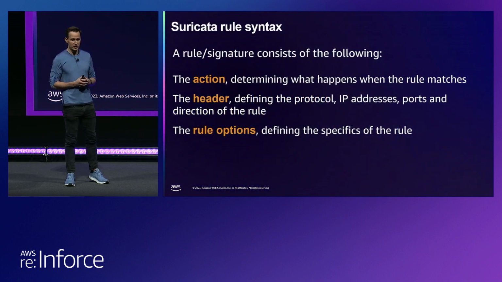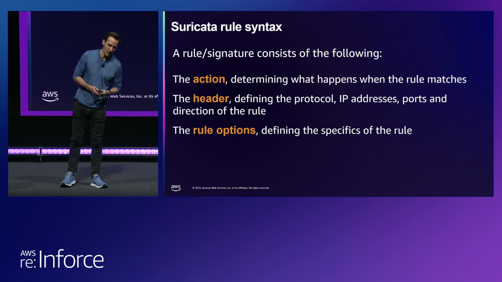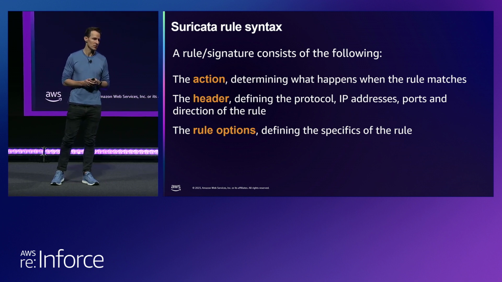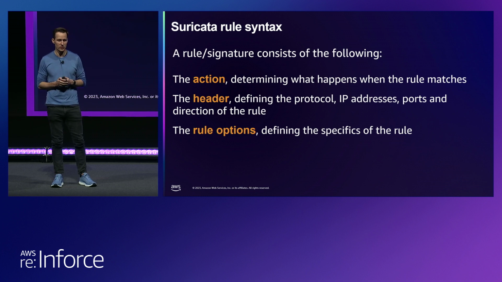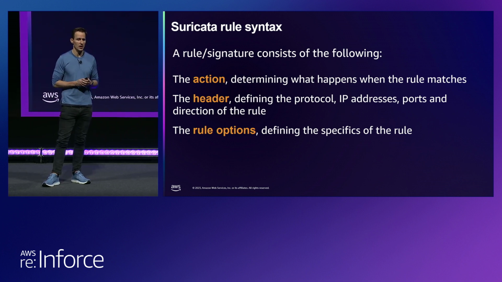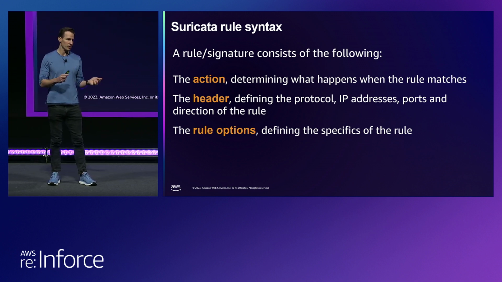So Suricata rule syntax is composed of these three different areas, which we'll go through in more detail. But first is the action that's going to determine what actually happens when a particular rule matches. We have the header that deals with basically the protocol, IP address, the ports, and the direction of that rule. And then we have rule options, and this is where it gets really meaty.